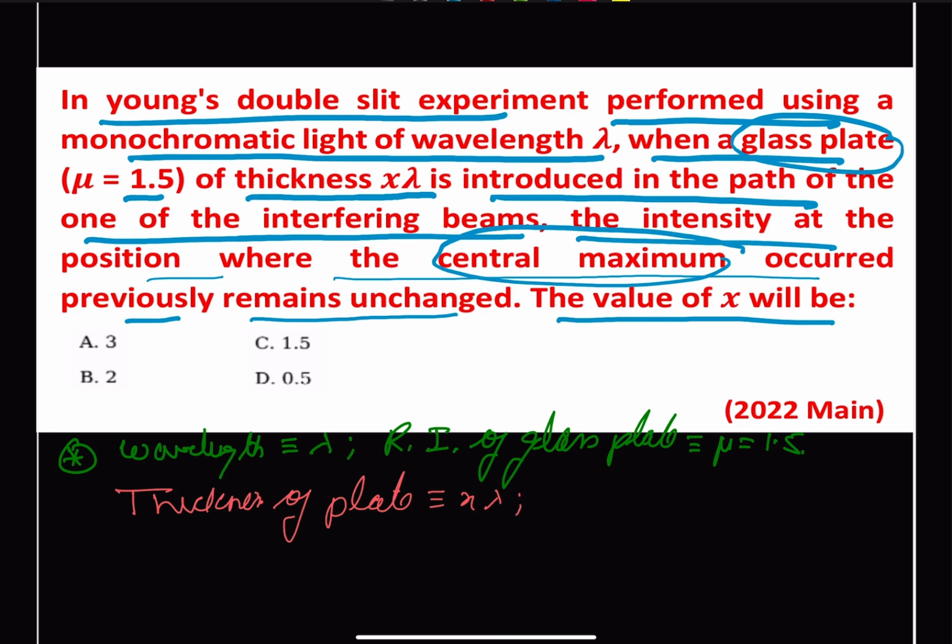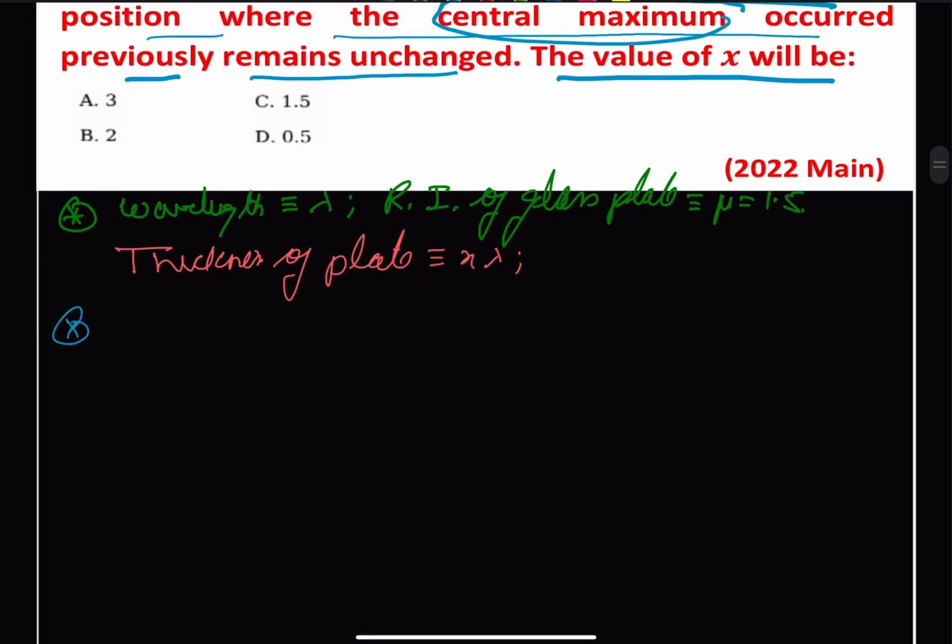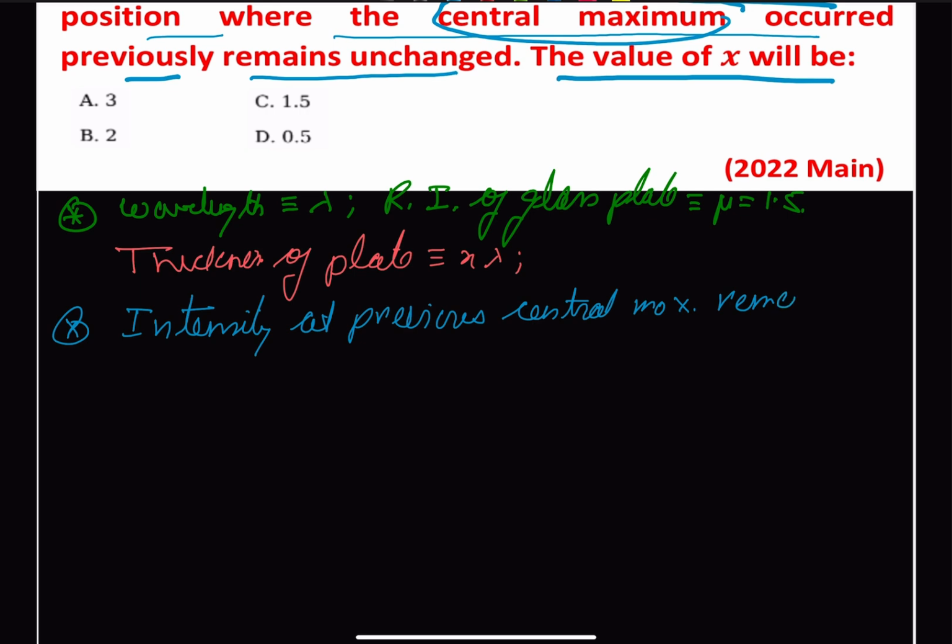The important part is that the intensity is not going to change. You can say the intensity at the previous central maxima remains unchanged.